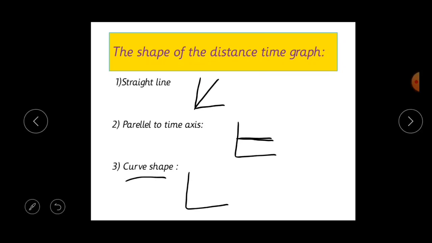So here the graph should be like this, because it is non-uniform. It may change in the distance or in the time. So this is called the curve shape. We will find three types of shapes of the graph: straight line, parallel and the curve shape. These are the three: 1, 2, 3.